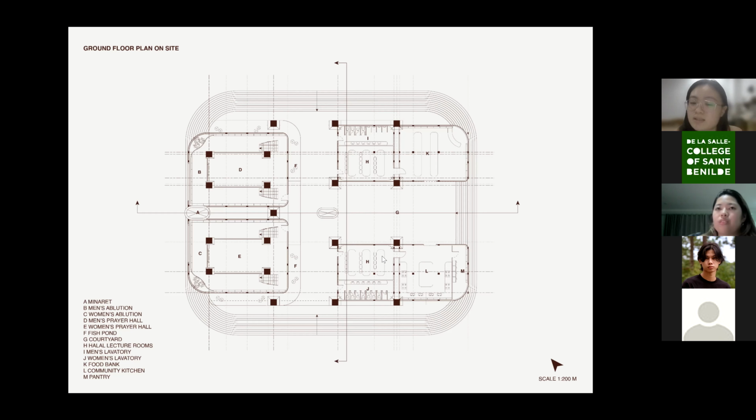That's why these halal lecture rooms are connected to the kitchens. And so they can interact with the community and even make something for themselves based on what they immerse themselves in in the rice production.